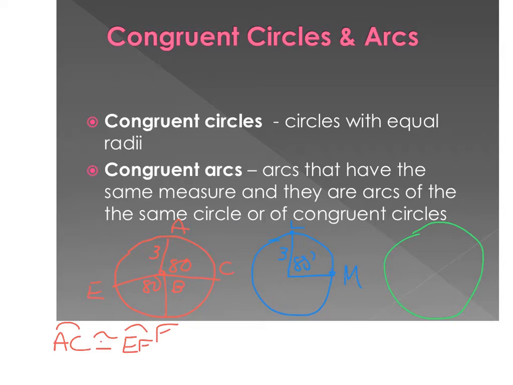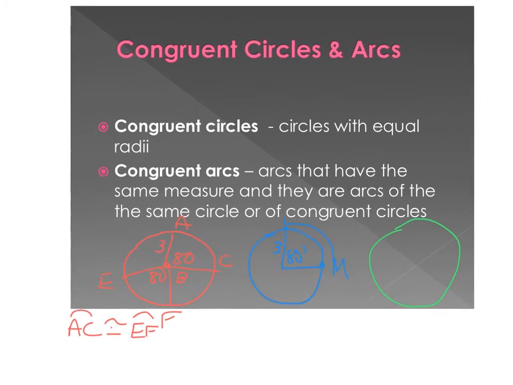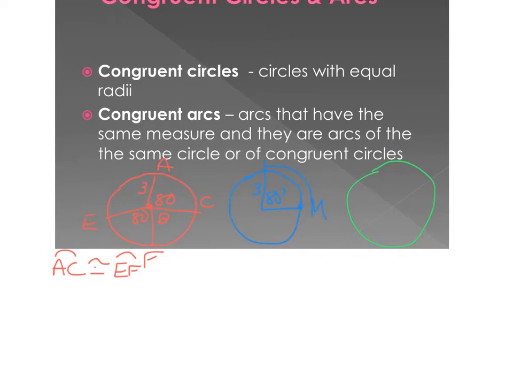Notice also that my blue circle has a central angle measure of 80, so arc LM is also 80 degrees. So I could also say that the arc AC from the red is congruent to the arc LM from the blue, because they both have 80 degrees and they both have the same radius length.